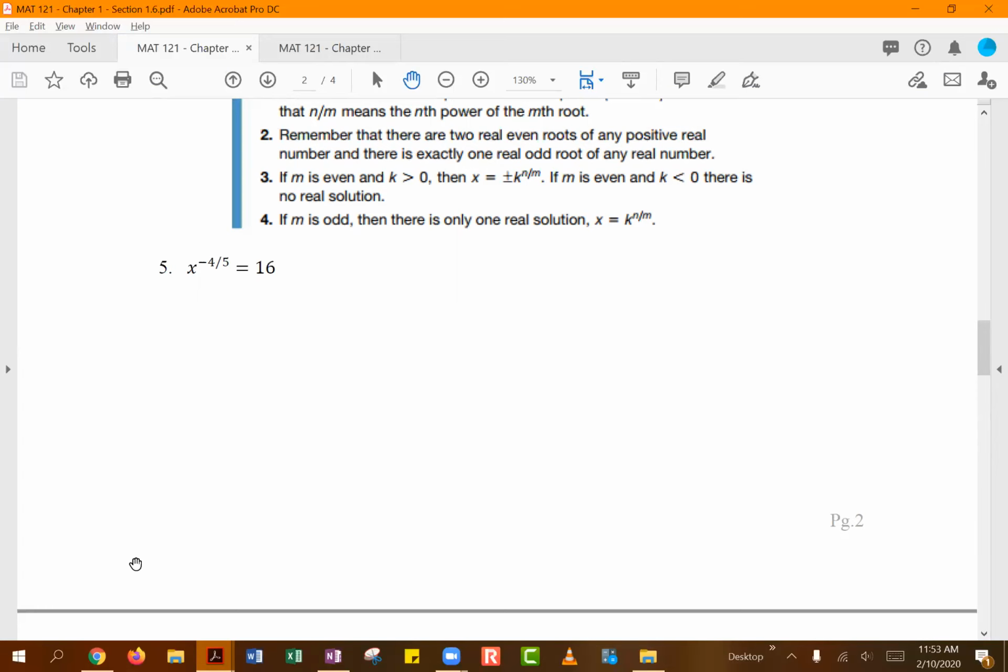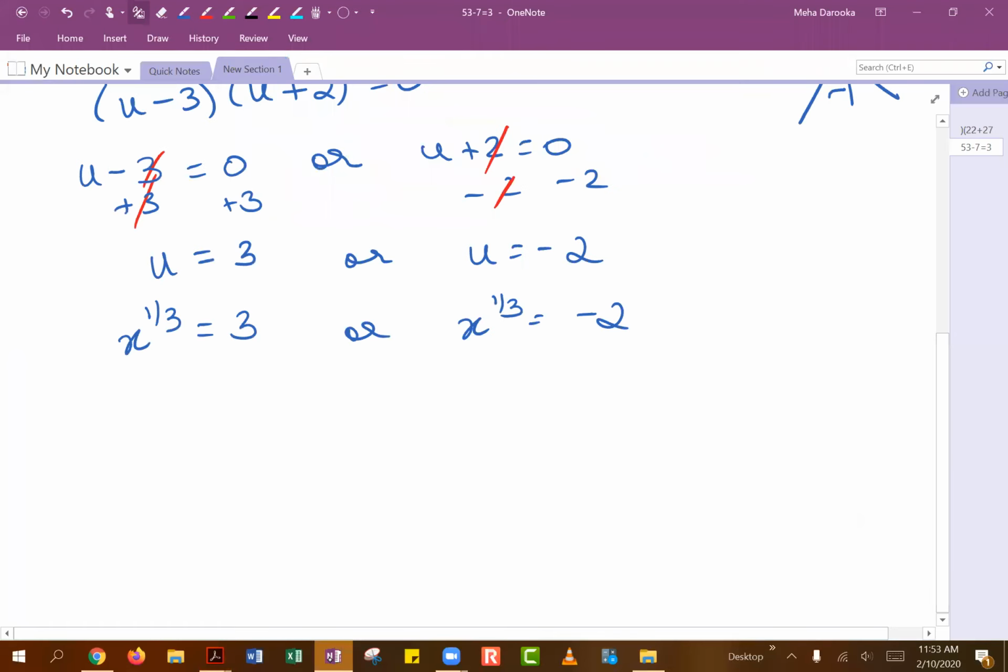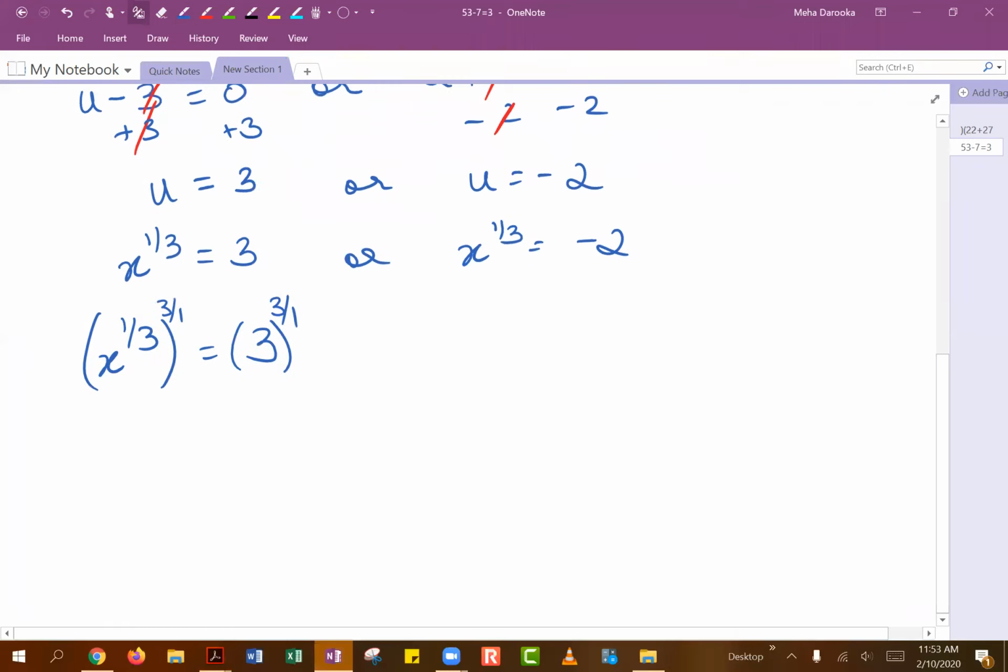That's the only difference, but you are going to use the same process that we used here, which was we then raised both sides of our equation to -5/4. In this case, we will raise both sides of our equation, and since these guys are positive, to +3/1, which is actually technically just 3.